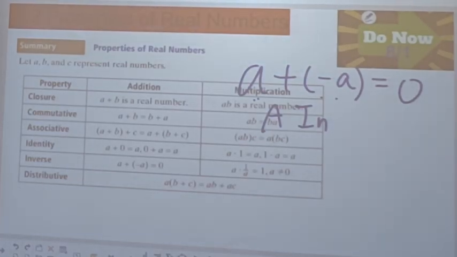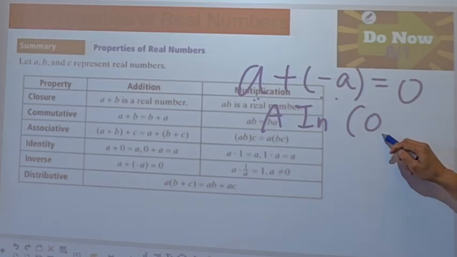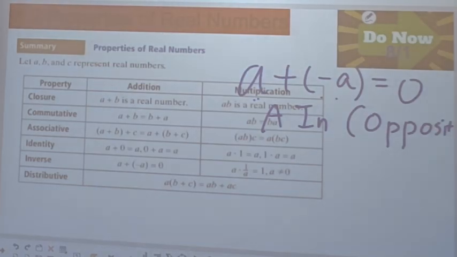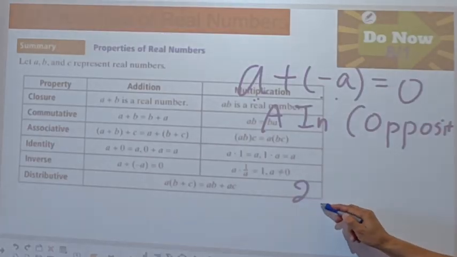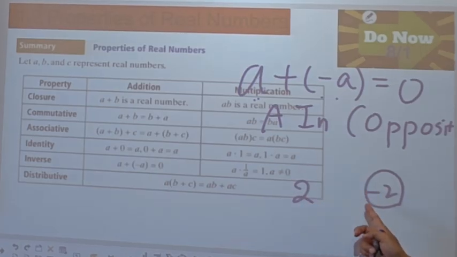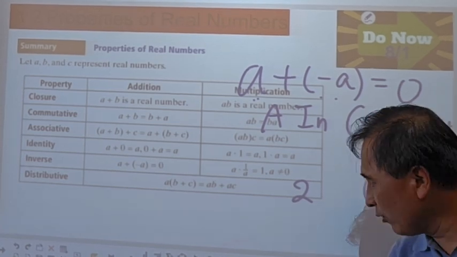Starting with O. Opposite. So the sign is opposite, we call it the opposite number. What is the opposite of 2? Negative 2, right? So the additive inverse is the opposite. Everybody clear? Yes.